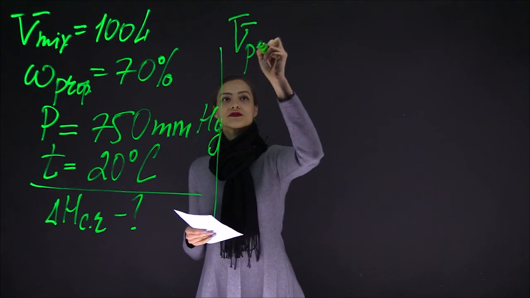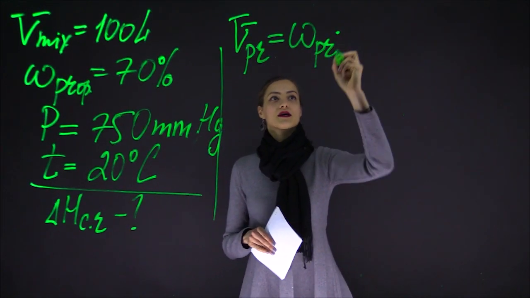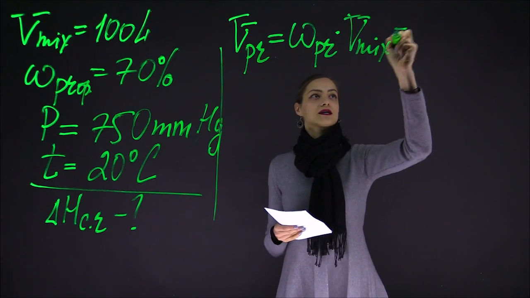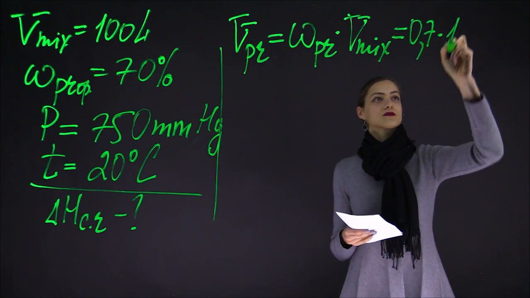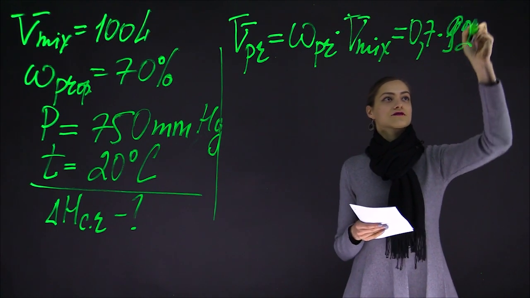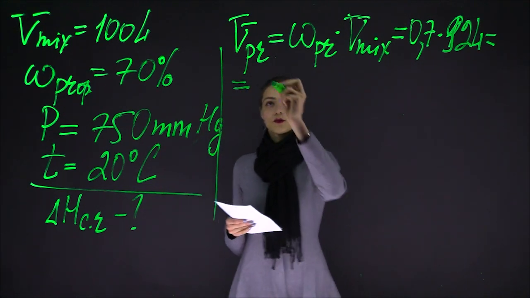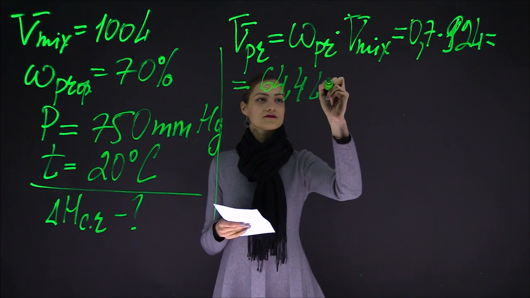Now let's calculate the volume of each gas. The volume of propane equals the mass fraction of this gas multiplied by the volume of the whole mixture. It equals 0.7 multiplied by 92 liters, and it equals 64.4 liters.